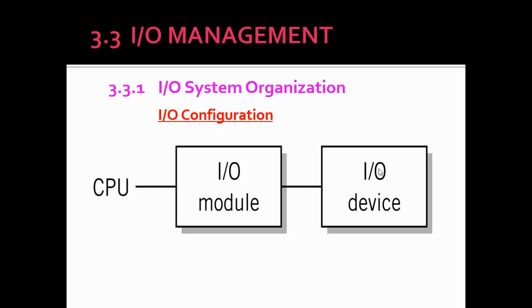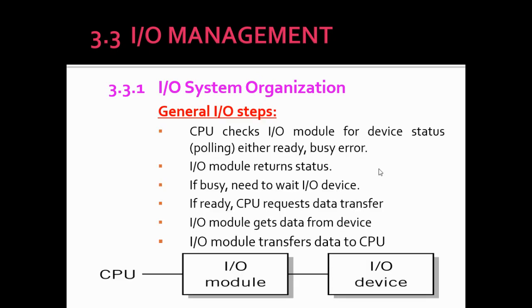Sometimes even your modem is considered an input output device, because the modem gets the connection from Uni5 or wherever you are, and delivers it to the input output module, and it is then delivered inside your PC to the CPU.